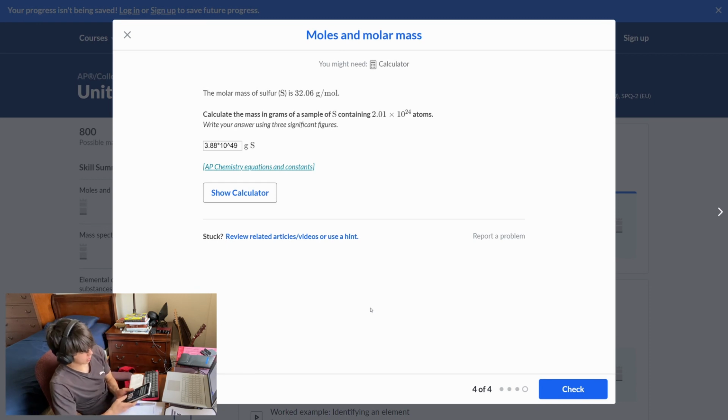Oh, maybe it's like a significant figures thing. Times 10 to the 48 moles times 32.06. No, that's basically just 3.88 times 10 to the 49.